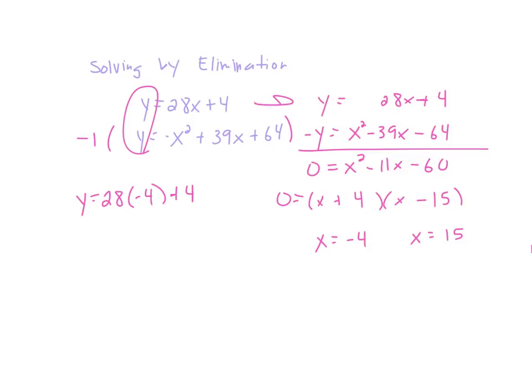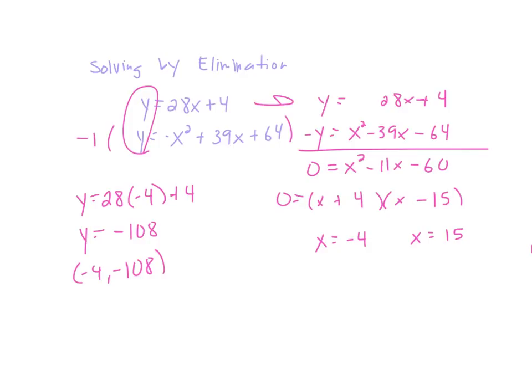Well, 28 times negative 4 is negative 112, and negative 112 plus 4 is negative 108. So this point is negative 4, negative 108.